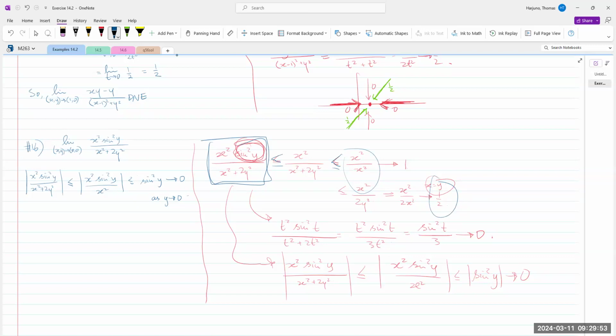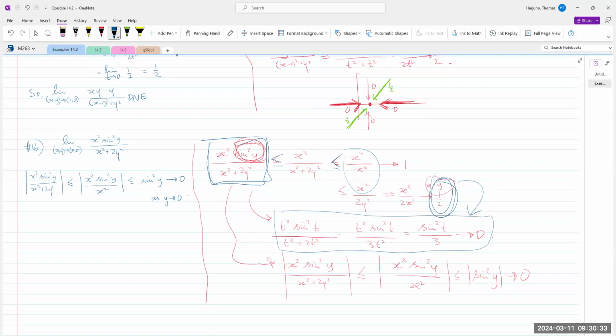See, I tried to squeeze it and it seems like it fails at some point, but when I use the path that I think where it fails, it turns out that it still gives me the limit zero, right? So in other words, trying to squeeze is not the only way to show that the limit exists or does not exist. Here I squeezed it down to only say that it's bounded above by 1/2, but if I use the path proposed earlier, I still get the limit equals 0.